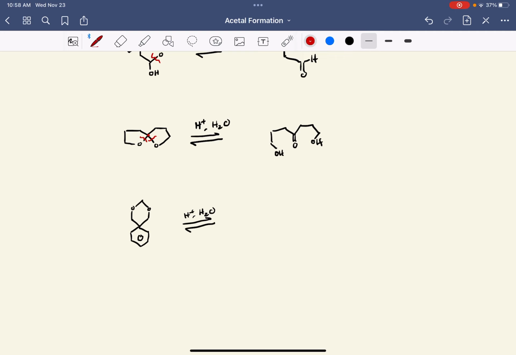Similar to this other example, you want to find the carbon that is attached to both oxygens. You cut them here, and you get your final product as this.